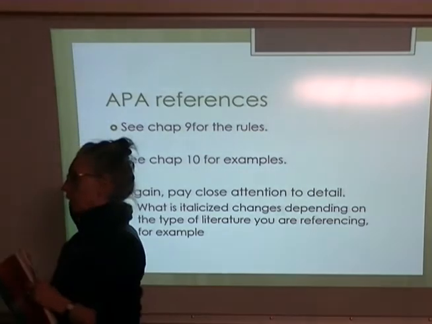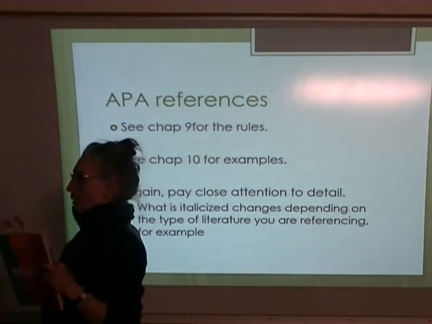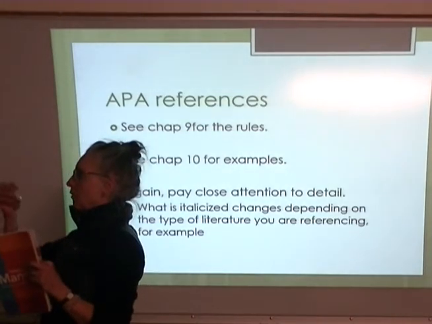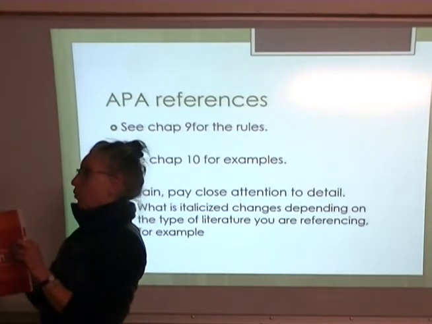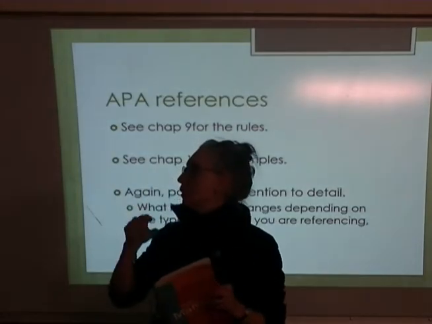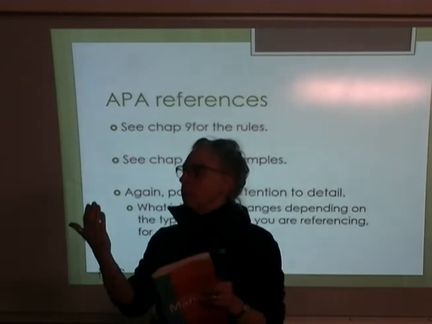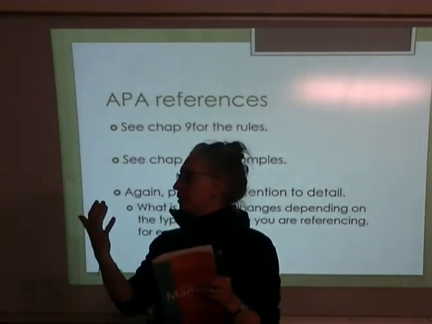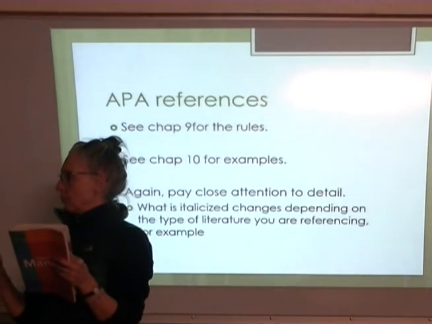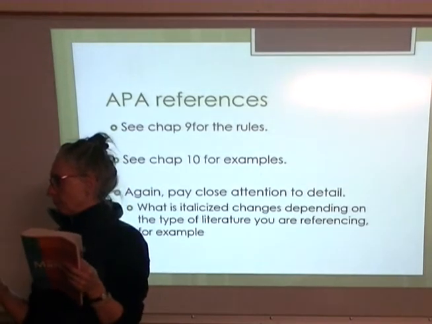All right? So that's why they're a bit finicky about it. It's kind of complicated for the person writing the reference, but it makes it really easy for the person reading the paper to go, oh, that sounds interesting, I'd like to read that. Look at the reference list. Okay, I can find that paper straight away. All right?